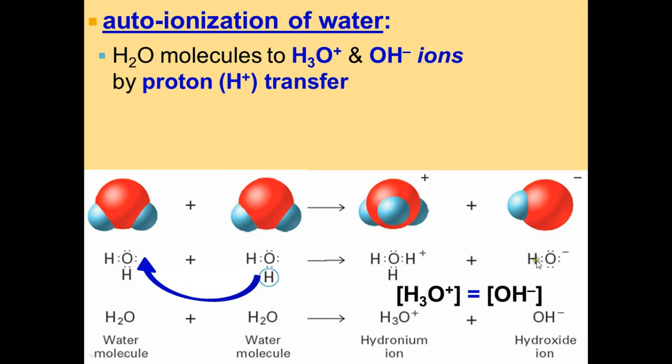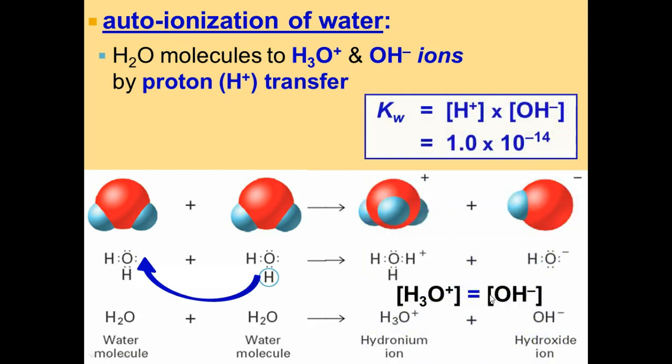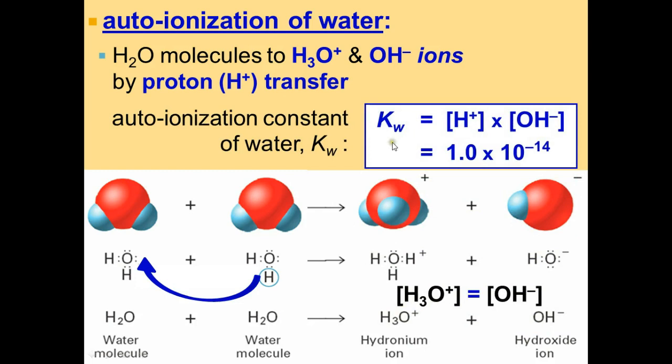The OH minus and H3O plus concentrations are always equal. Whenever you see these brackets, that means concentration of H3O plus and concentration of OH minus. Their product always equals the auto-ionization constant of water, which is K sub W, always equal to 1.0 times 10 to the negative 14th.